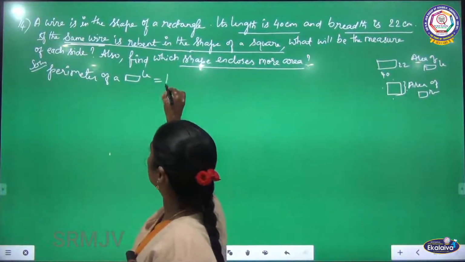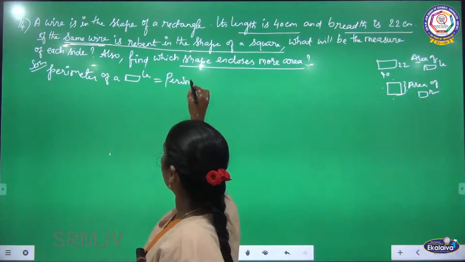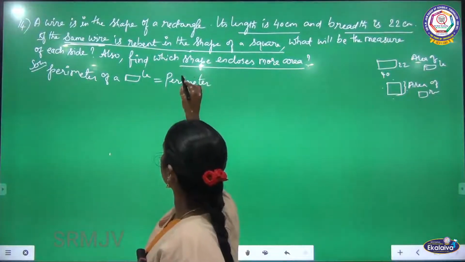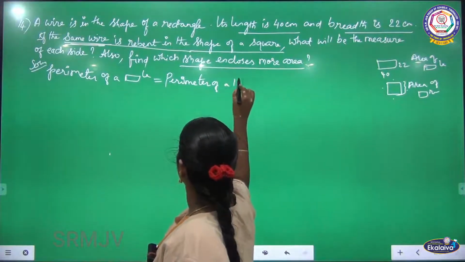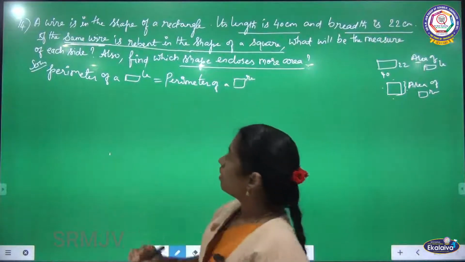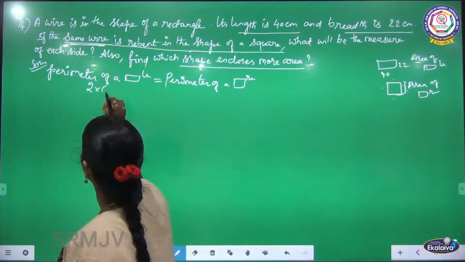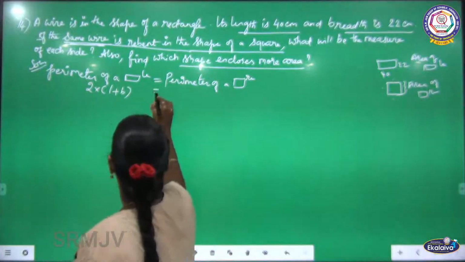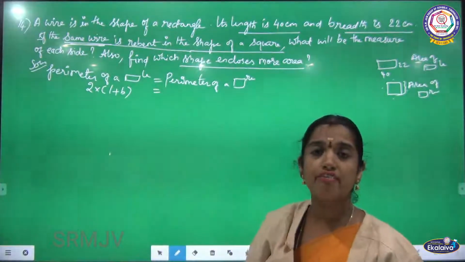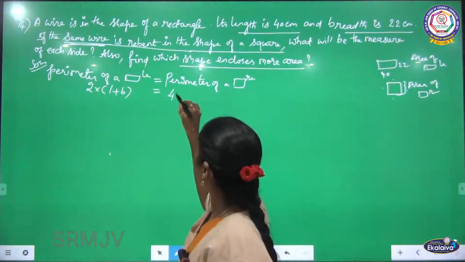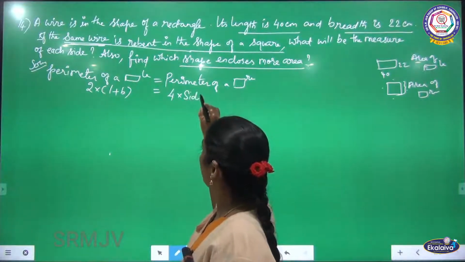perimeter of a rectangle is equal to perimeter of a square. Okay. What is the perimeter of a rectangle formula? 2 into (L plus B). What is the perimeter of a square formula? 4 into side. Okay.